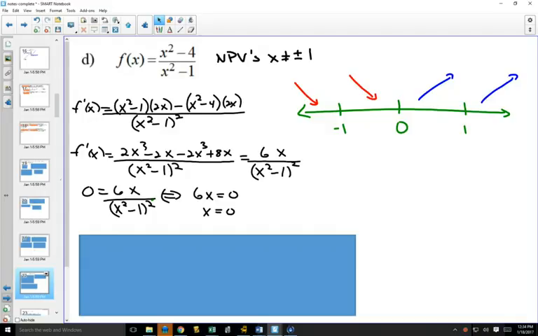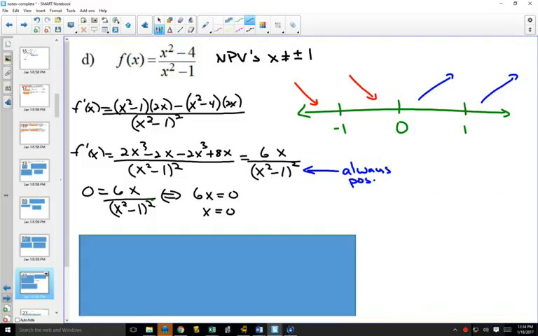Again, I would plug things into my simplified form of my derivative. And the interesting thing is on the bottom, because the bottom is squared, does it make sense that that bottom will always be positive, no matter what value you plug in?